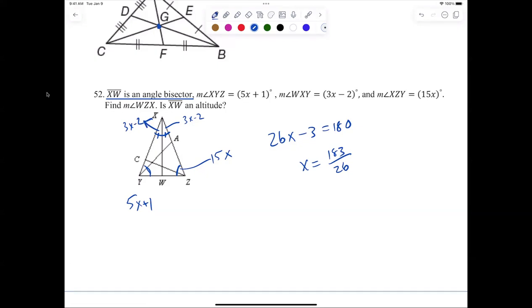Yes, I just see 5x plus 1 equals 15. 5x plus 1. 5x plus 1 equals what? How do we know that? I don't think we know that, do we?